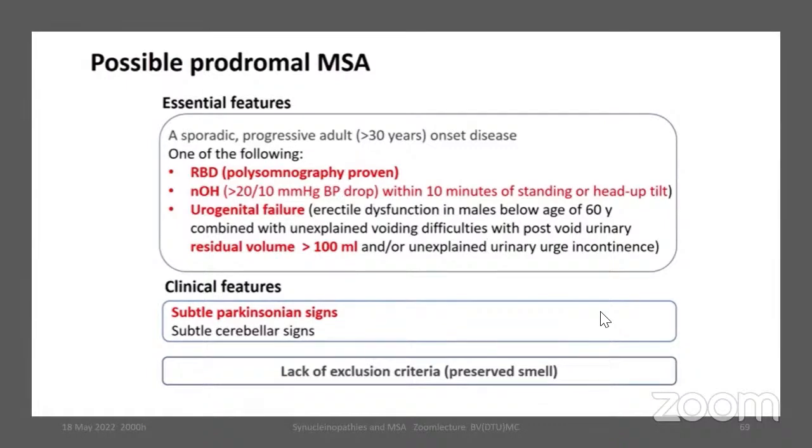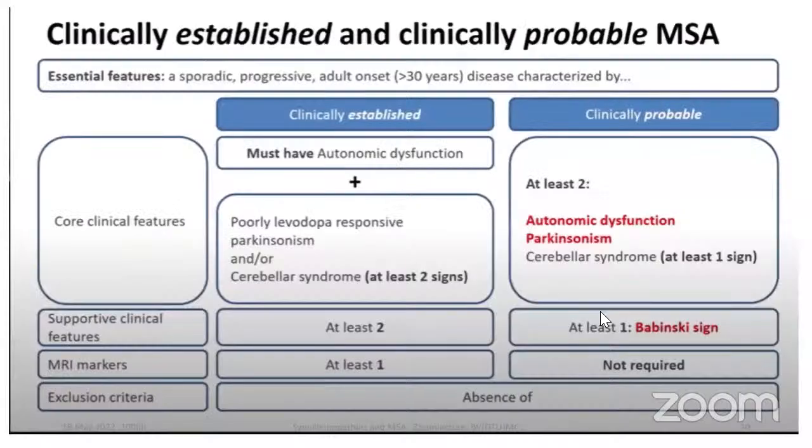Urogenital failure: erectile dysfunction in males below the age of 60 years, combined with unexplained voiding difficulties with post-void urinary residual volume more than 100 ml, and or unexplained urinary urge incontinence. This lady has 141 ml. And there are subtle Parkinsonian signs and subtle cerebellar signs. So clinically, probable autonomic dysfunction is there, Parkinsonism is there, and there is a Babinski sign, which will make it a probable diagnosis.